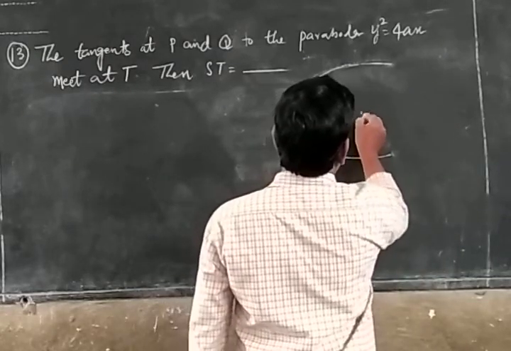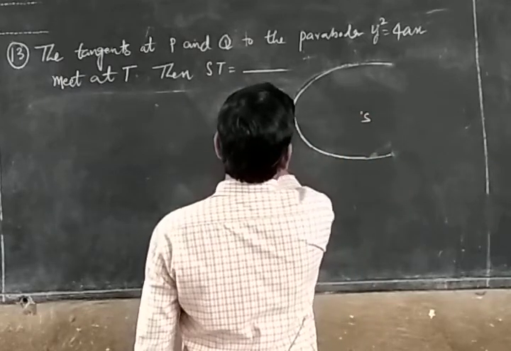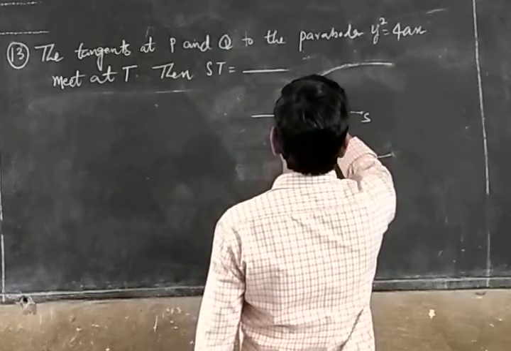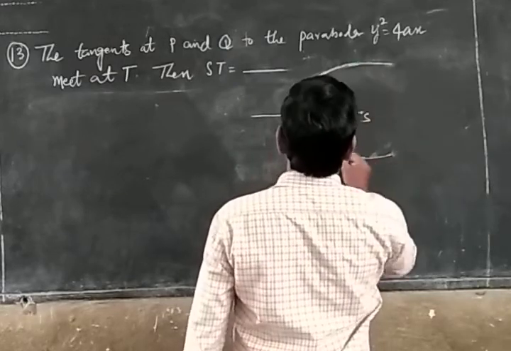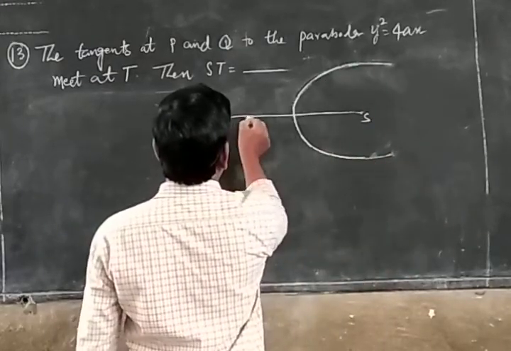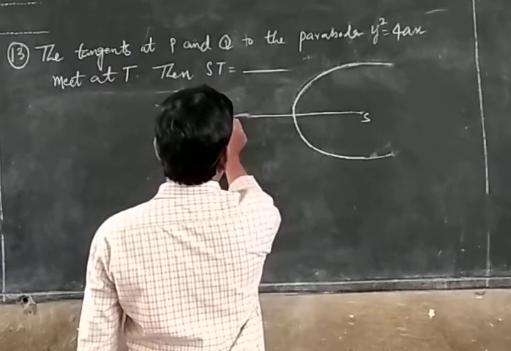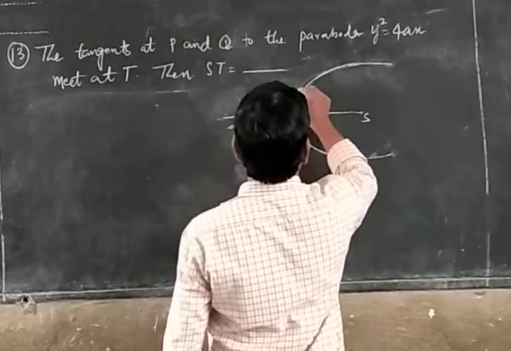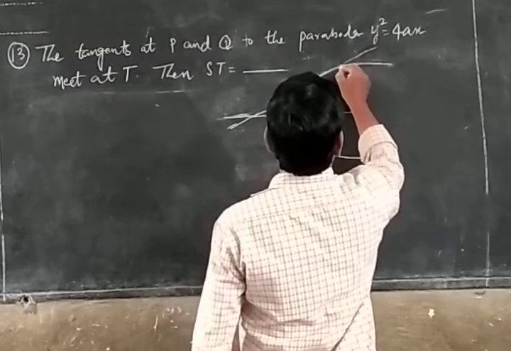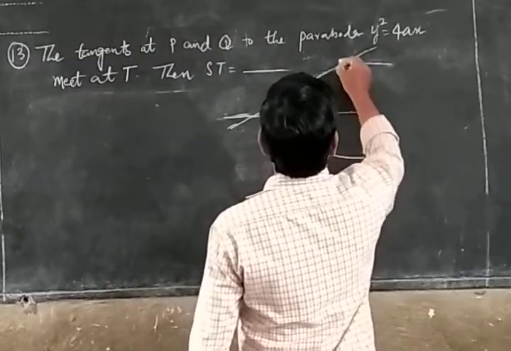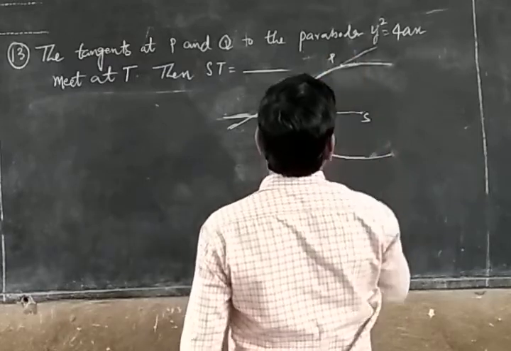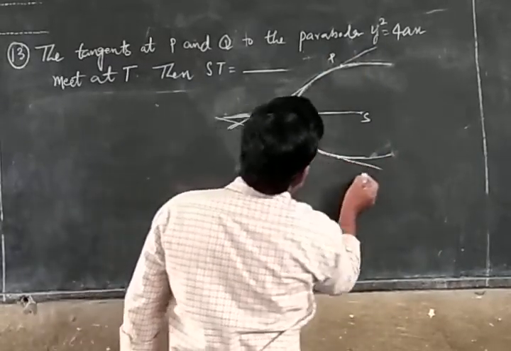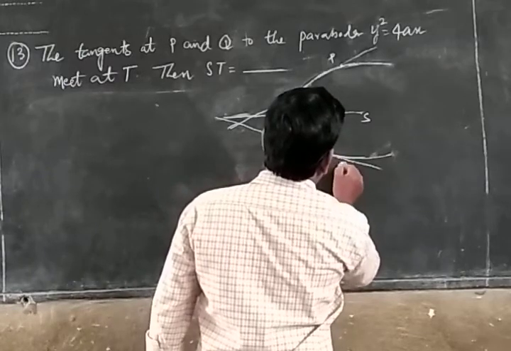This is S, and there is a point P on the parabola and there is a point Q on the parabola.